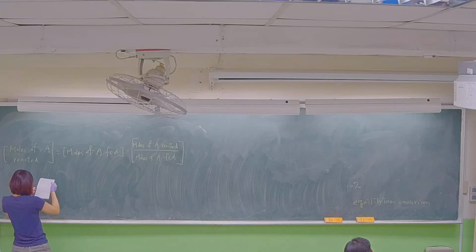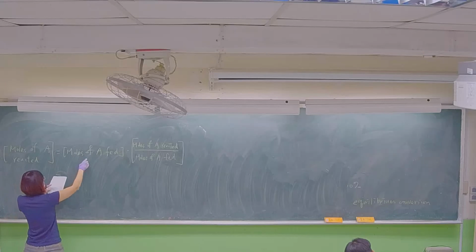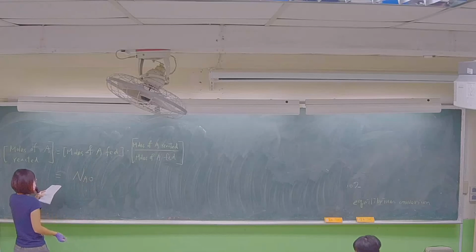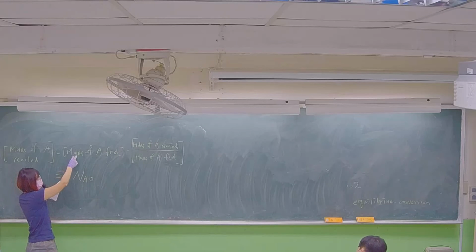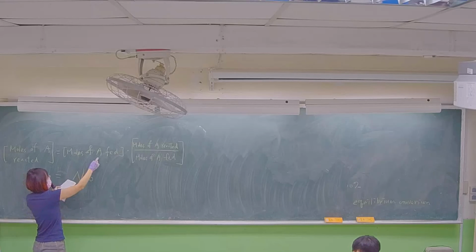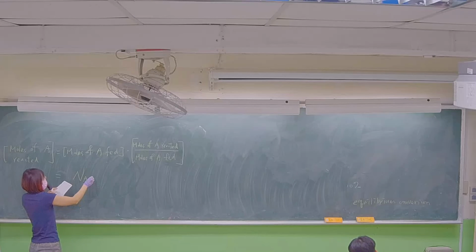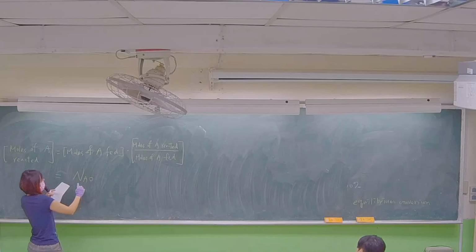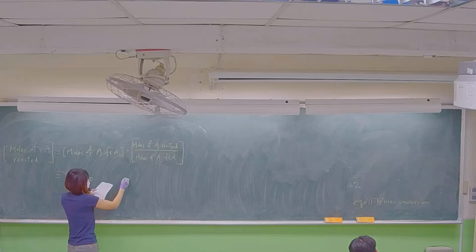Moles of A reacted is equal to, what is moles of A fed? It is Na0. Okay. The symbol for mole is N. Remember, right? Mole is N. Your target is A. Initially, fed is initially 0. So Na0 is the moles of A fed. What is this term?